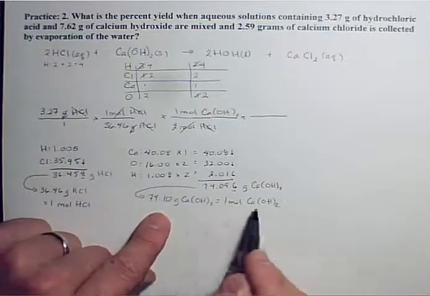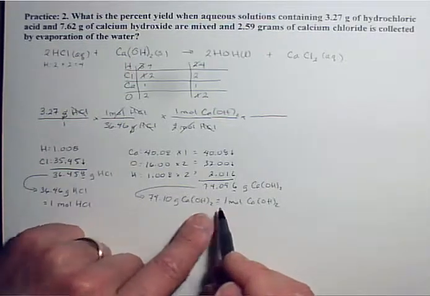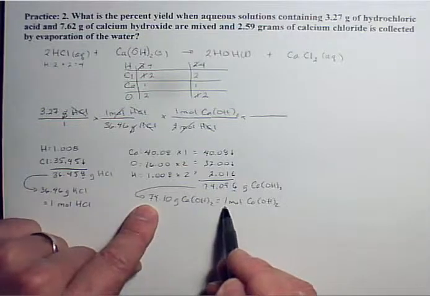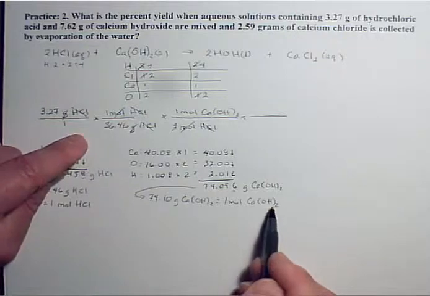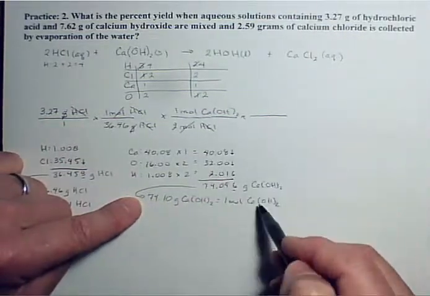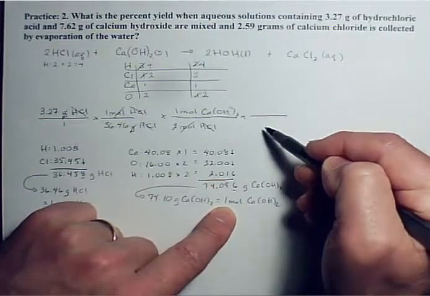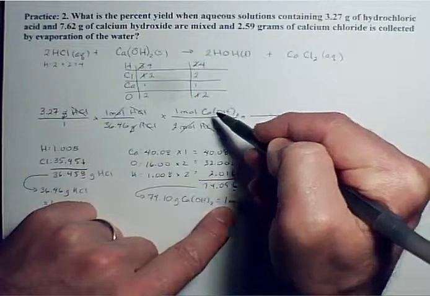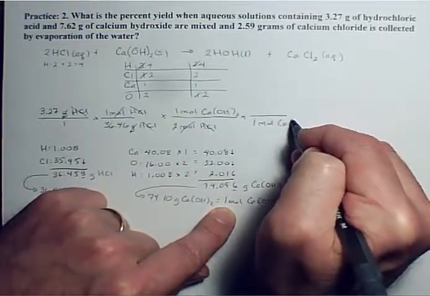All right? So now we have another equality statement. It's an equality statement because it's got an equal sign, it's got measurements or calculated numbers on both sides along with the units and species that go along with that. And so now I'm going to put up here, I want to have moles on the bottom. So this side of the equality statement on the right here goes on the bottom here to match the units and species on the top here. 1 mole of calcium hydroxide.